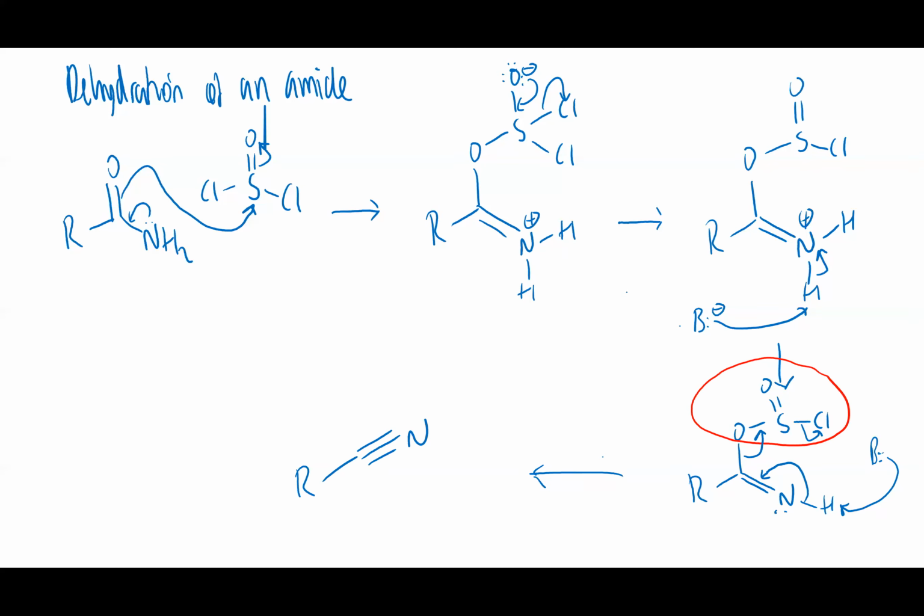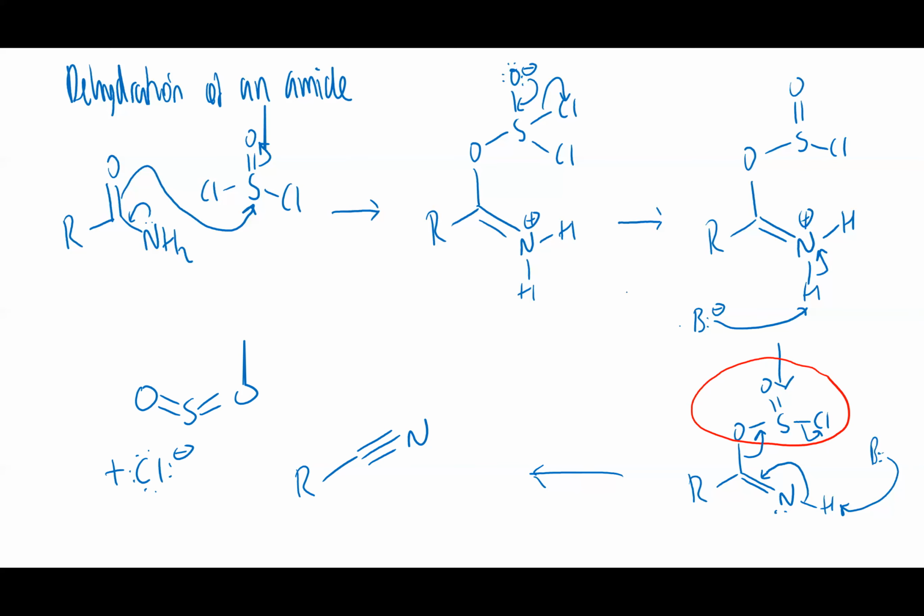If you follow the curved arrows here, we've produced sulfur dioxide, sorry about that little glitch, and chloride. Okay, so 2 ways to make the nitrile.